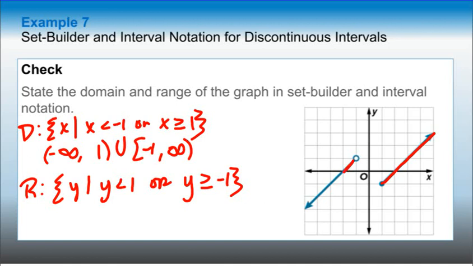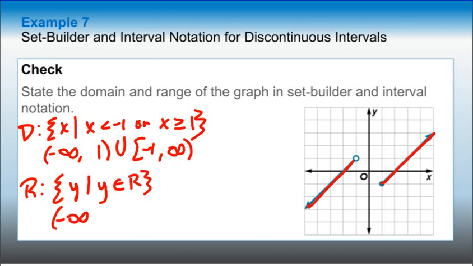Here includes everything below -1. So the range for this one would actually be y such that y is all real numbers. So instead of writing it this way, which is correct, we would just want to put it in a simplified form, which would be y is all real numbers. Now in interval notation, we would write that one as negative infinity to positive infinity.